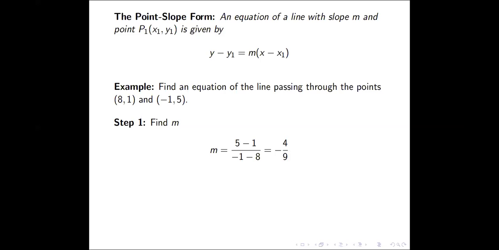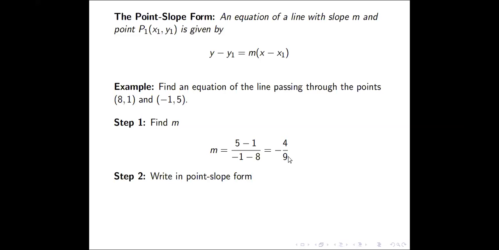We are now ready to write down an equation of the line. So step 2, since we only have the point slope form so far, let's write it in point slope form. By the way, in the problem, there's no requirement regarding the particular form of its equation, so you can use any form of an equation of a line. We have 2 points here, and we have the slope.